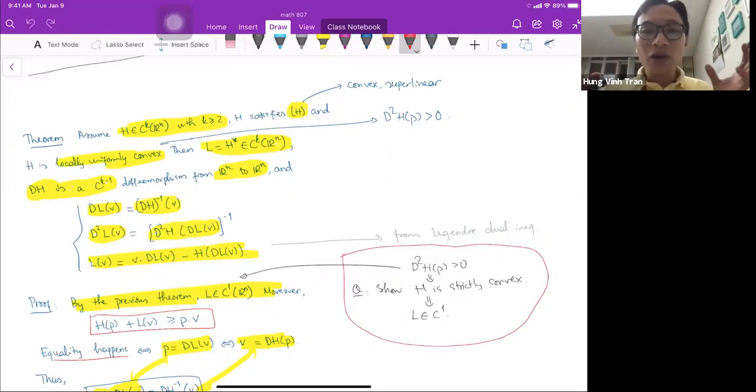Then in that ball, the Hessian is positive definite and continuous, and it has to be uniformly convex in just that ball, and that's enough. So later on, you're going to see that if we have certain a priori estimates, then locally uniform convexity is the same as uniform convexity. So I would say that this theorem is pretty much what we need.